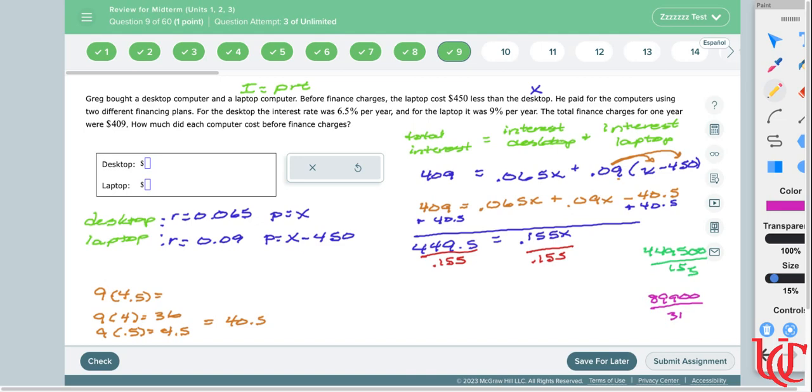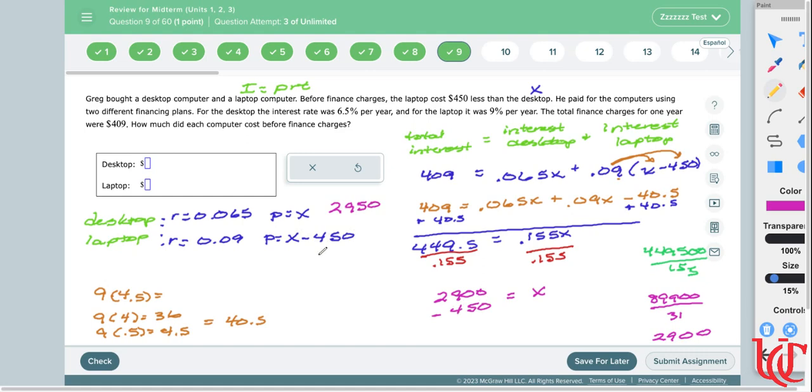We have 2, 9, 0, 0. All right, so that's a decent number. It's not the nicest number, but it makes sense. It's a nice round number. So we have x equals 2,900, and that kind of makes sense. It's not a bad price for a computer. So that is the desktop, 2,900, and then I have to subtract 450 from this.